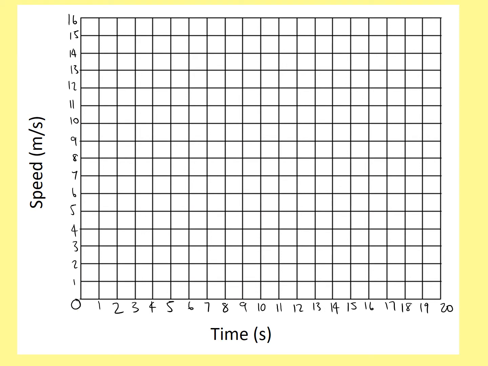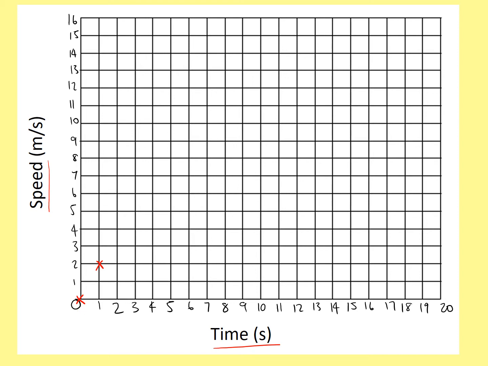So what we can do is we can use those numbers and we can plot them on a speed time graph. So time is in seconds and speed is in meters per second. And this graph is going to show us how the speed has increased. So we said that at 0 time, the speed would be 0 meters per second. After 1 second, 2 meters per second.